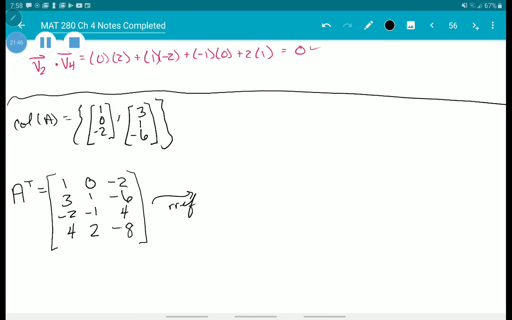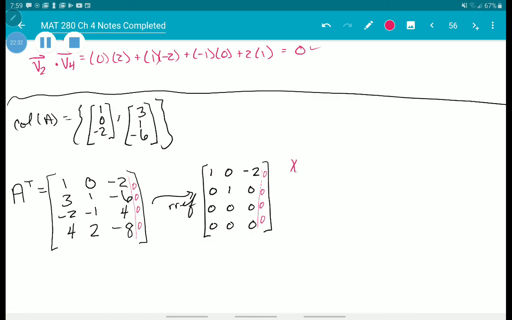Remember, you're going to have to trick your calculator into doing this. So I ended up with this. And remember, we're looking for null space, so we really need this to be AX equals 0, which would give me this.